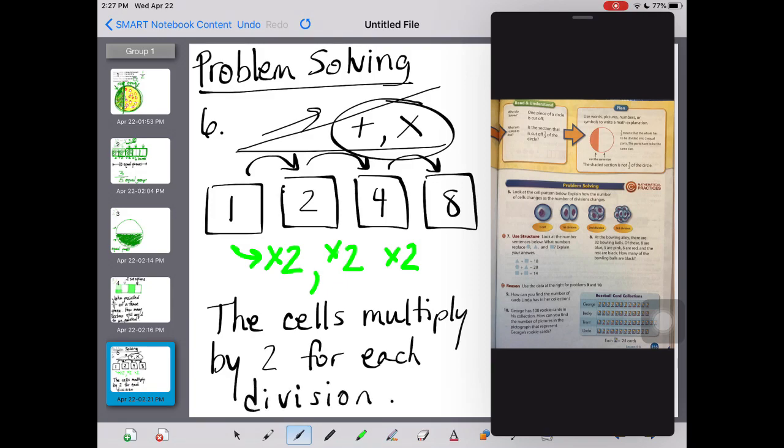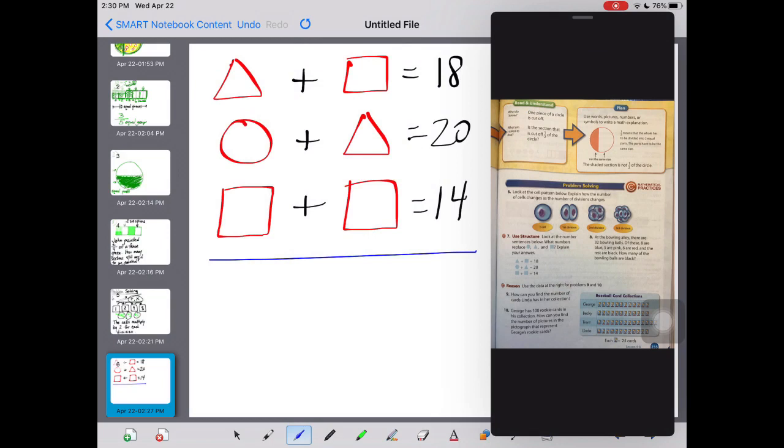Boom. 2 times each time. Boom, boom, boom. So I bet you the next division, if you multiply 8 times 2, will be 16. All right, here we go.